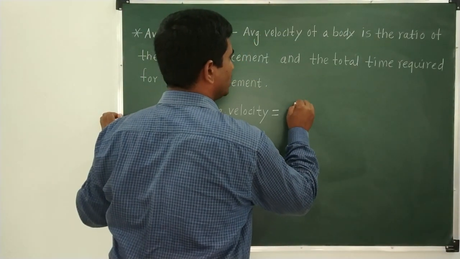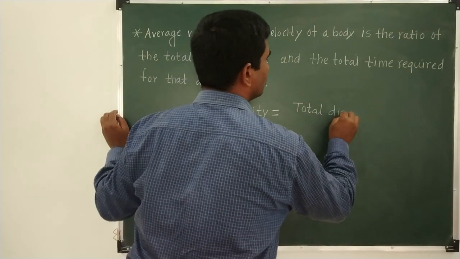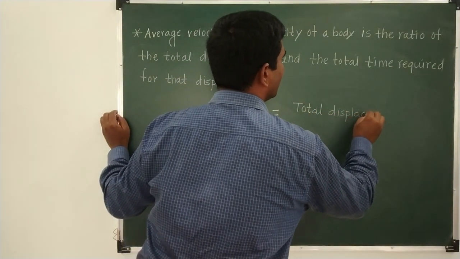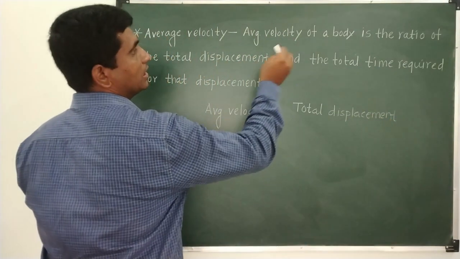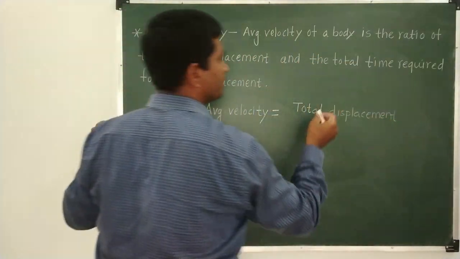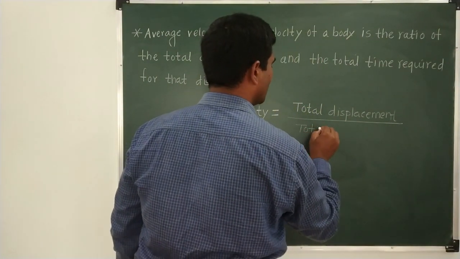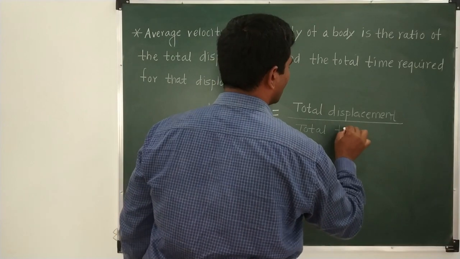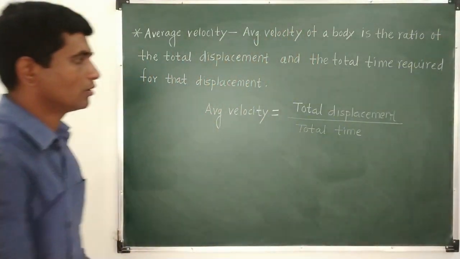So I can write it over here: total displacement. It is the ratio of total displacement and the total time required for that particular displacement. Okay.